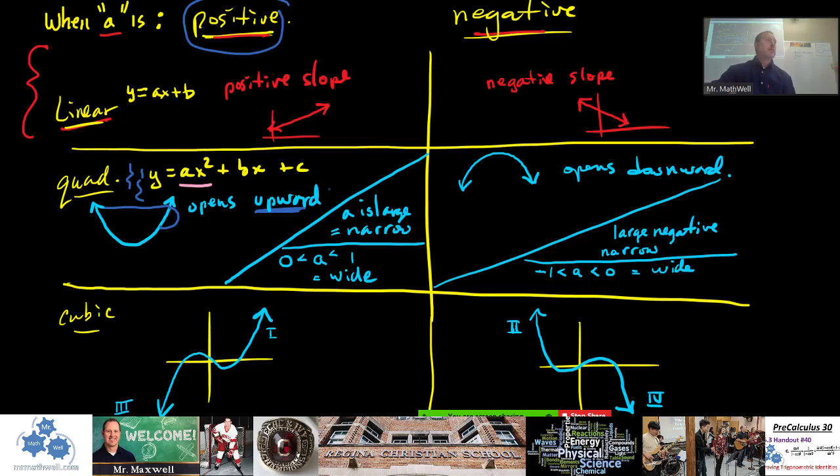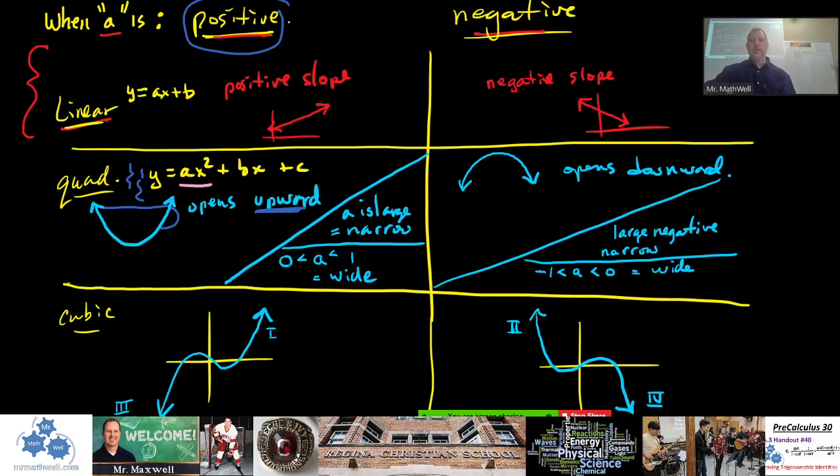Up cup. Okay. If a is large, it gets narrow. We saw that on Desmos just now. If a is between 0 and 1, now I didn't show you this on Desmos, but when a is greater than 1, it gets narrower. Now, when it's negative, it flips upside down.